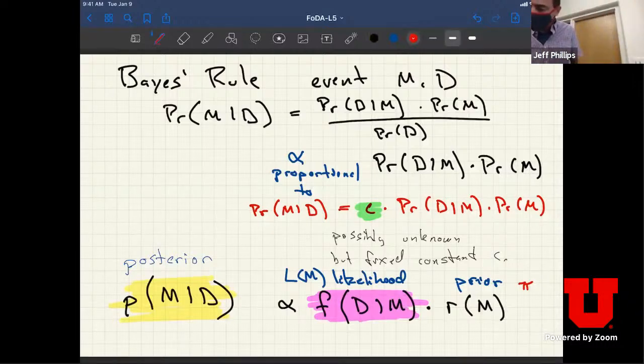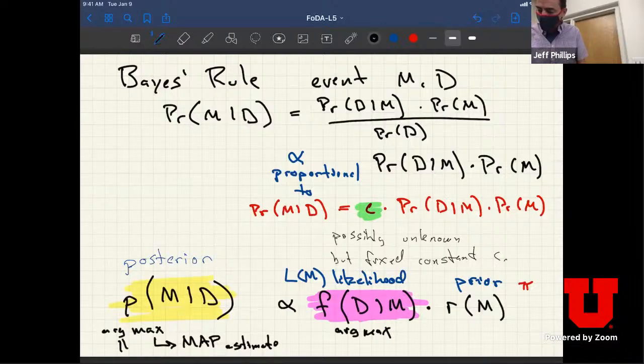So the arg max of this is called a MAP estimate, and then the arg max over the model of this is called the maximum likelihood estimate, MLE.